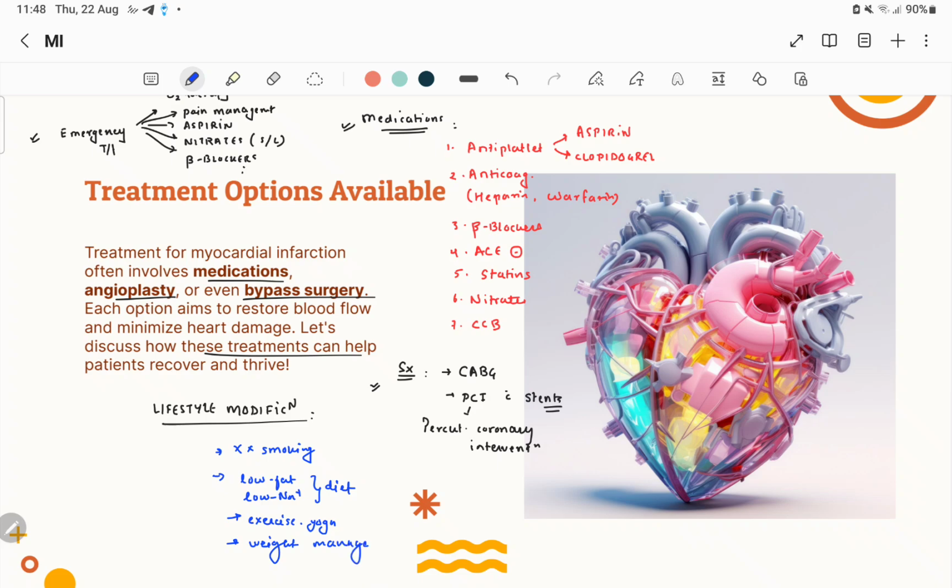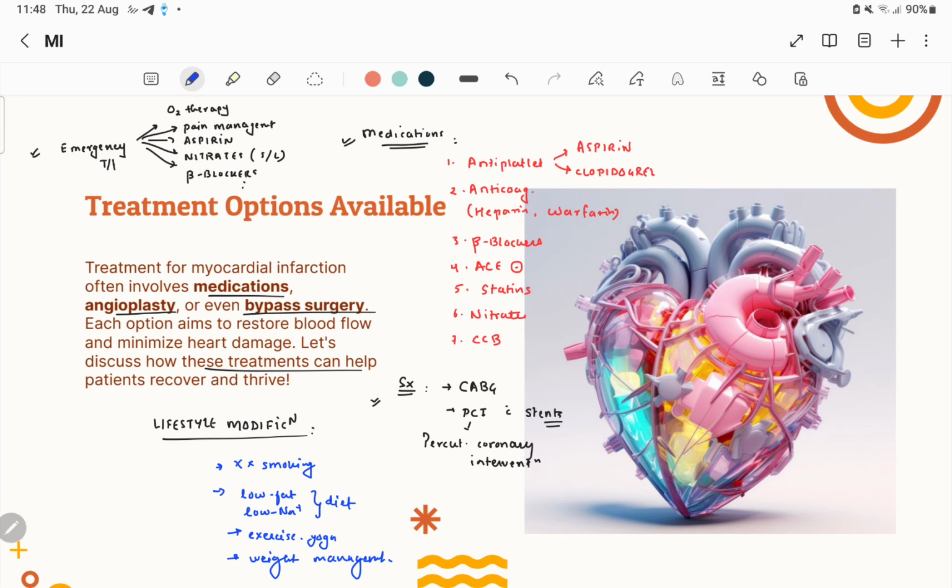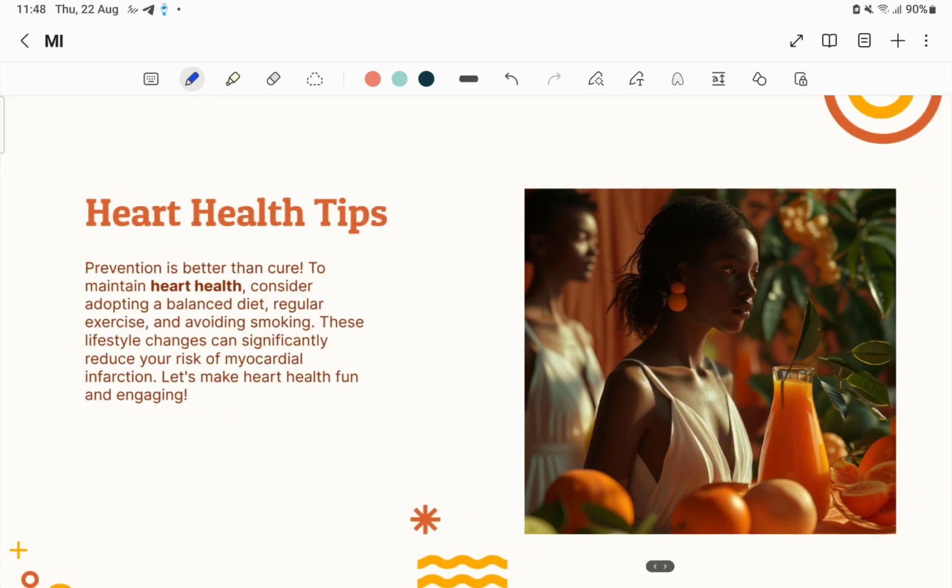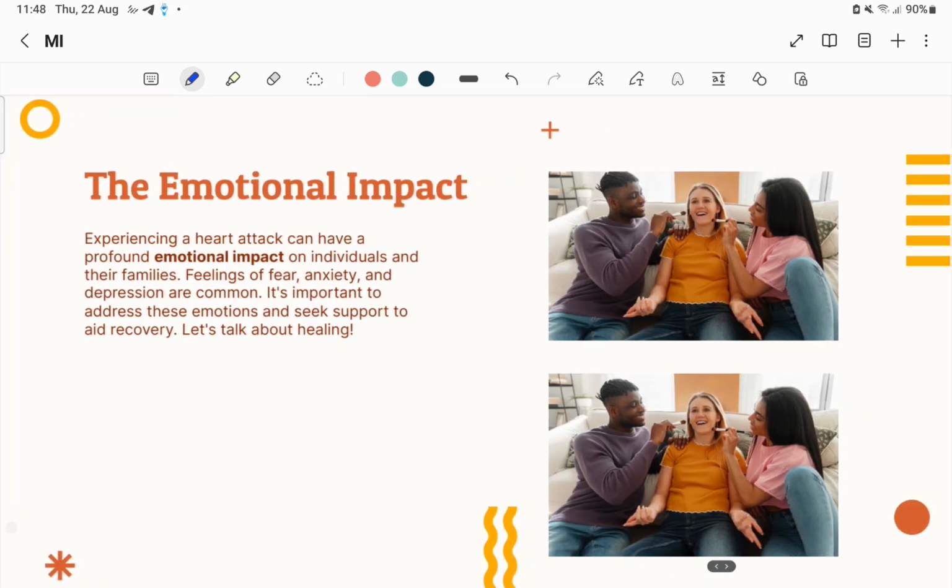Okay, you can do this kind of thing. So that was about the treatment options which are available. Understood? So heart health tips: prevention is better than cure, and a balanced diet is required. Regular exercise, avoid smoking. This will reduce the risk of myocardial infarction basically, right?